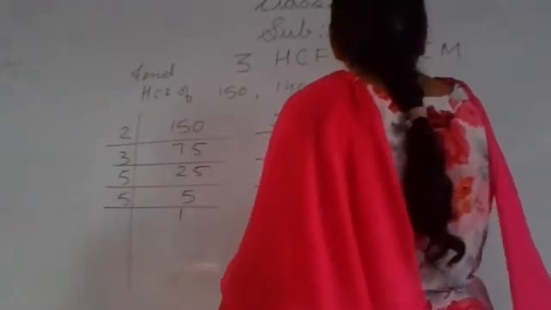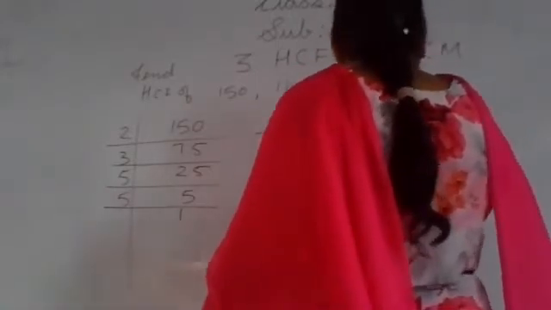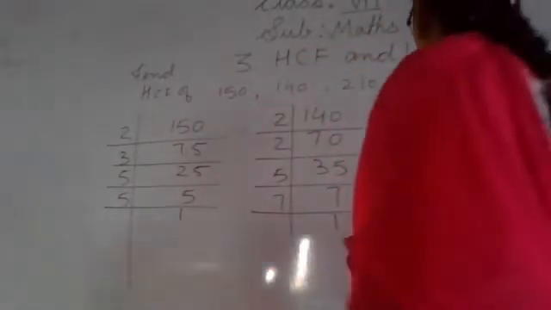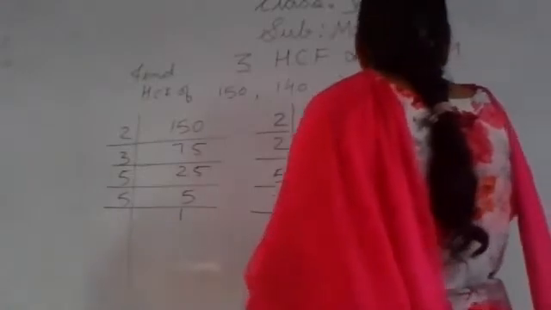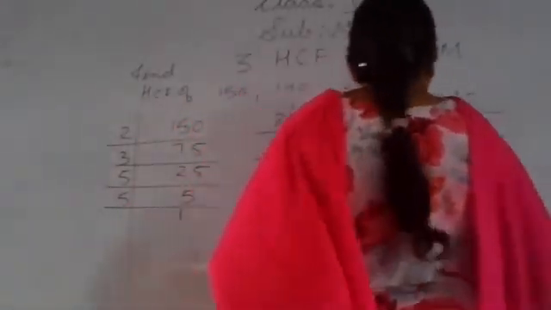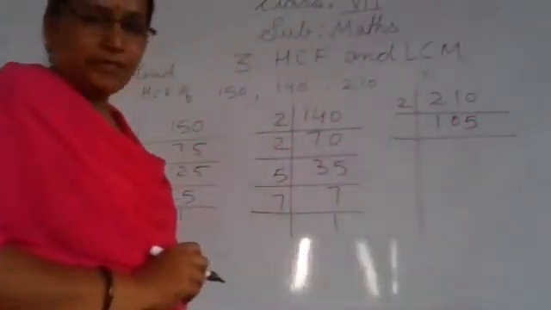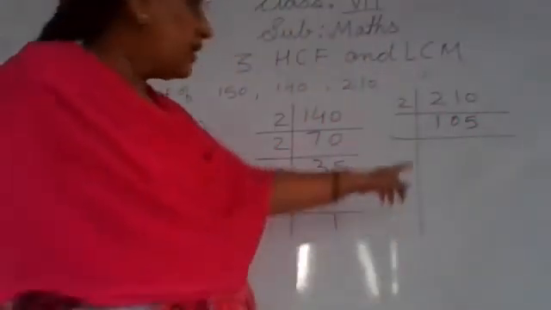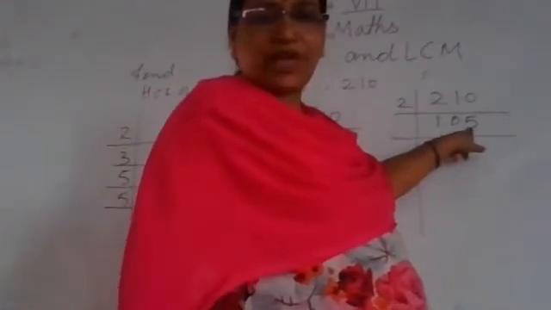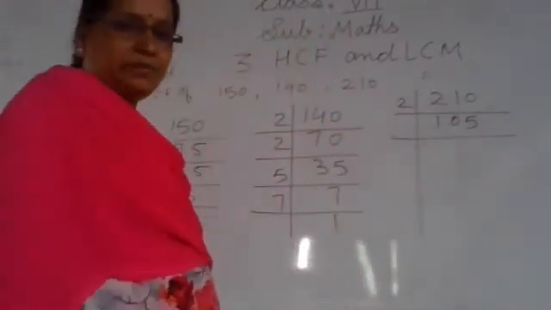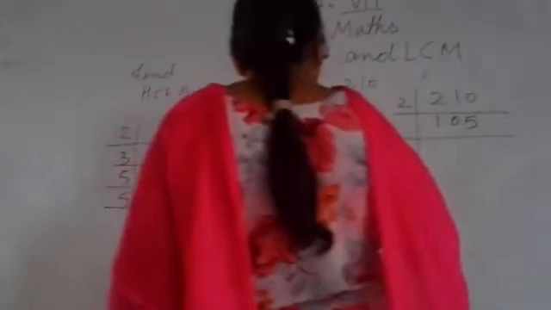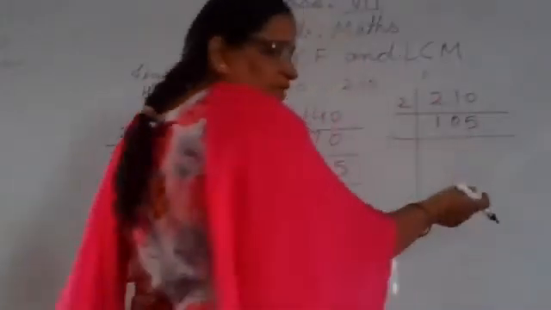Now take the next, 210. See, it is an even number. So we will start with 2. Okay. Now here the unit place is 5. So we will divide it by the next prime, which is 3.